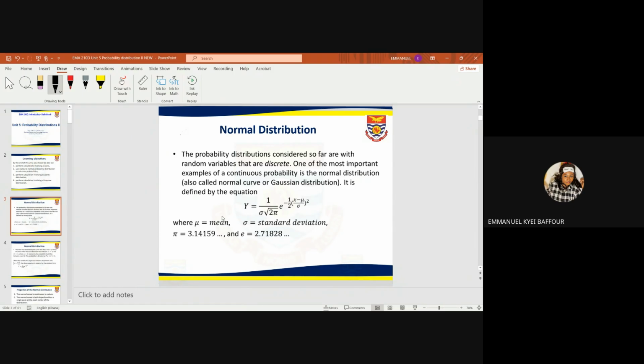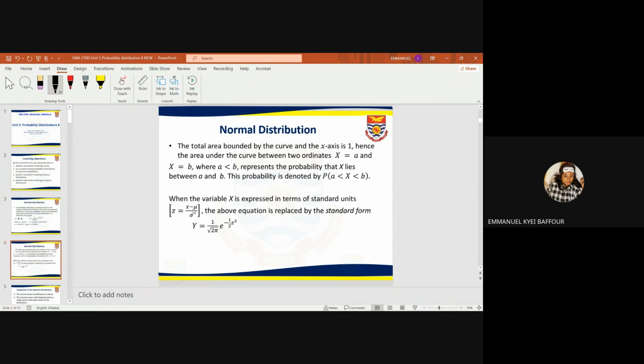If the mean is represented as mu, there can be a deviation of 1 unit to the right, which will be plus 1 standard deviation. If it is 1 unit to the left, then it will be minus 1 to the left of the mean.